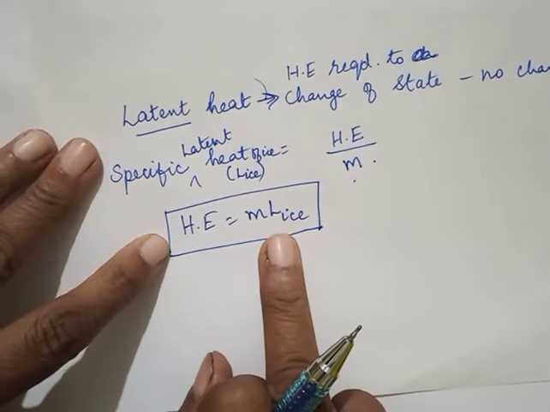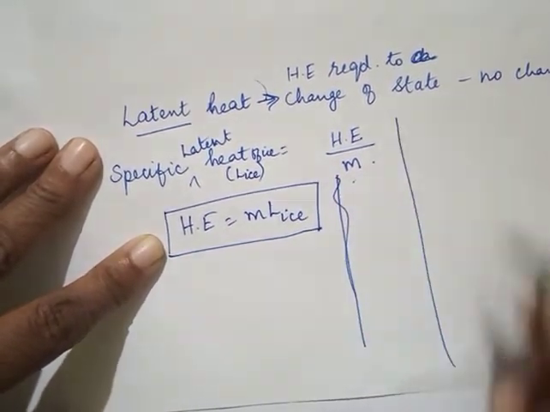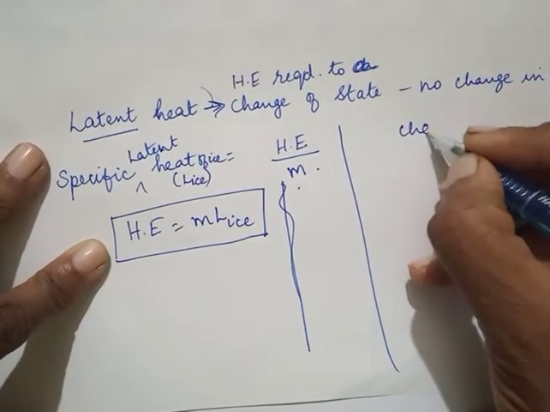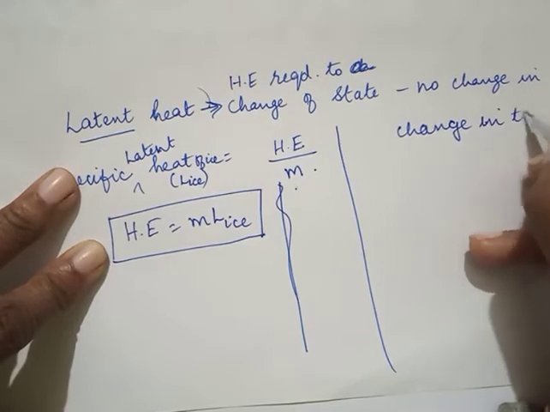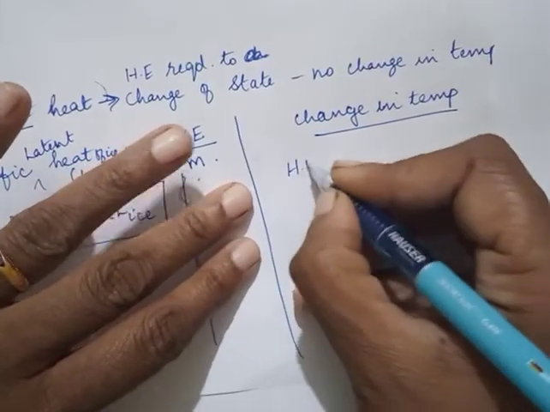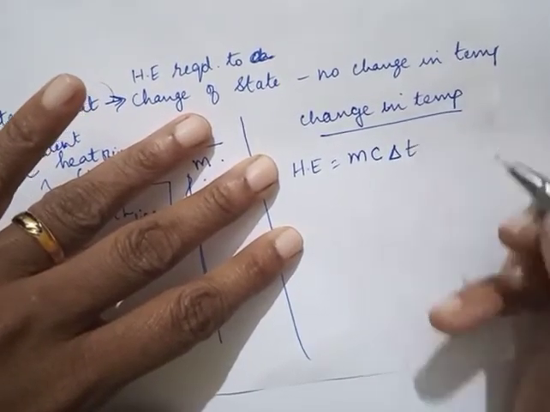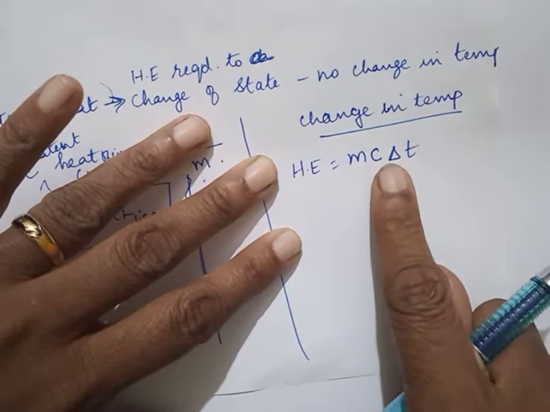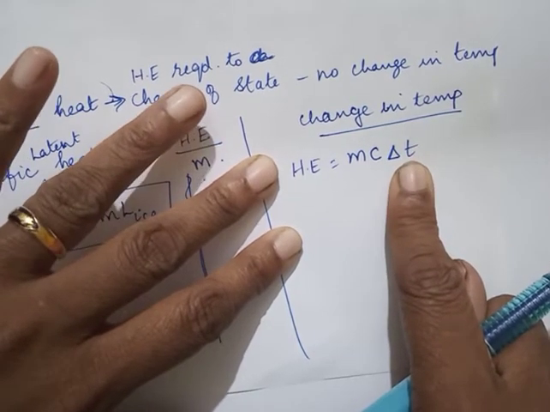During change of temperature, as in part A where we saw a body undergoing a change in temperature, the heat energy liberated or absorbed will be mc del T: mass into specific heat capacity into change in temperature.